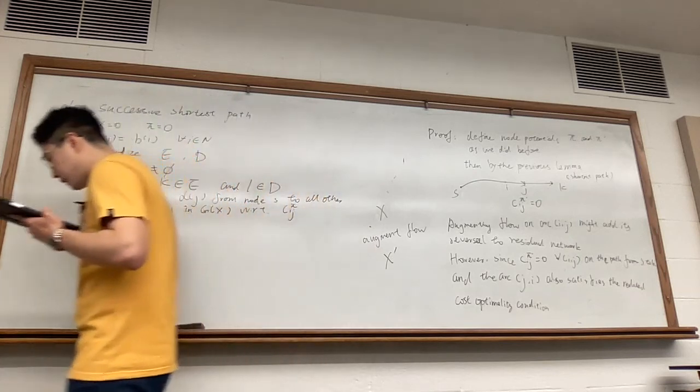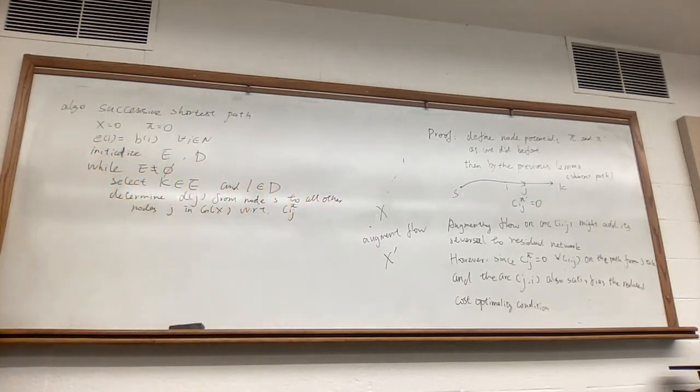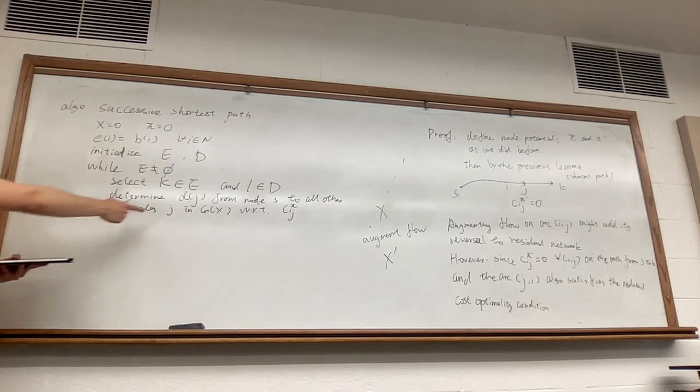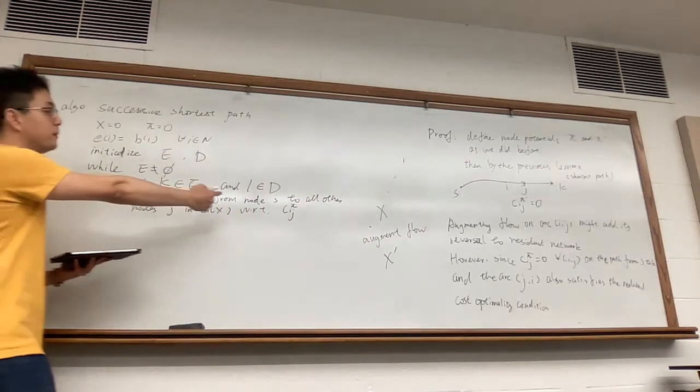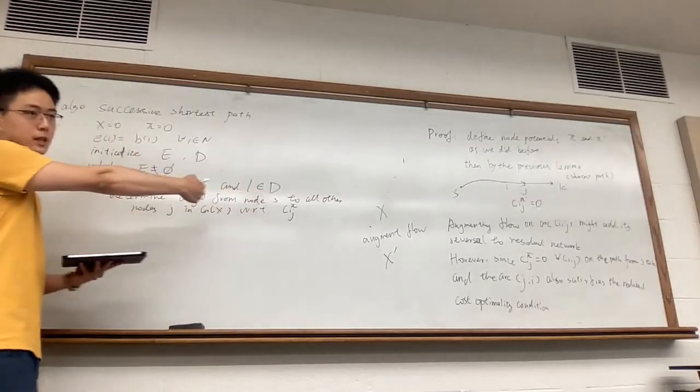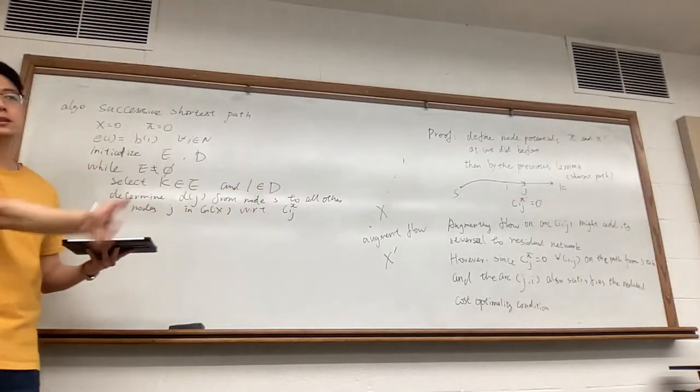So initially, because we don't have any flow on the network, the residual network is just the original network, right? And we determine dj from node S, and node S is just any node in this network.